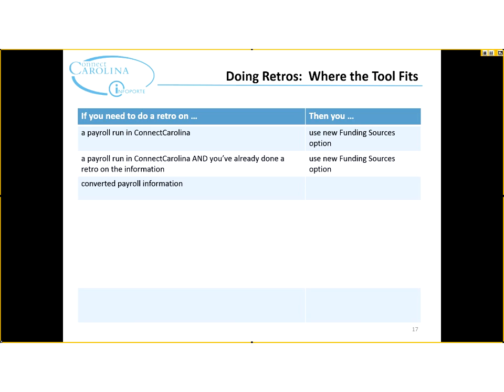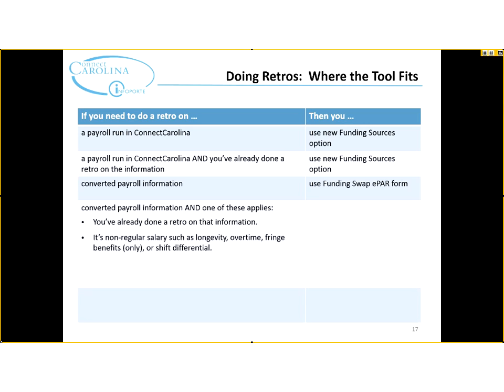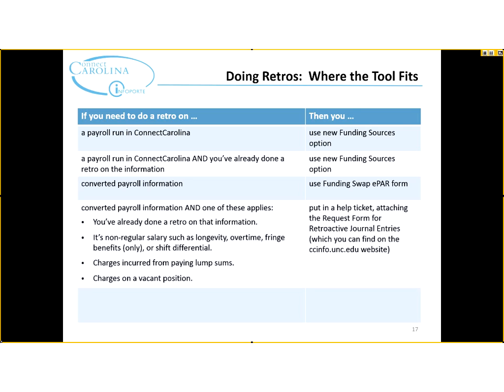If you are doing a retro on converted payroll information, that needs to be done on a funding swap form, okay, the funding swap EPAR form. If it's converted payroll information and it's non-regular salary, so longevity, overtime, fringe, shift differential, any of those flavors that are not your regular earnings, or if the charges are from lump sum payments on converted payroll or vacant positions, in all of those cases, you need to put in a help ticket.